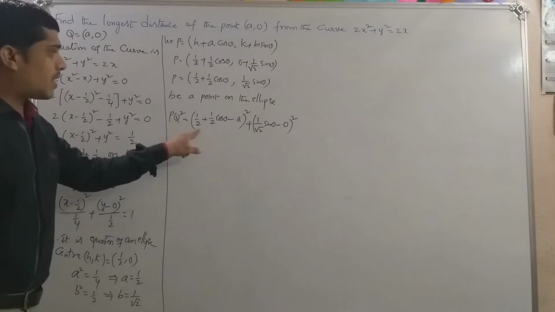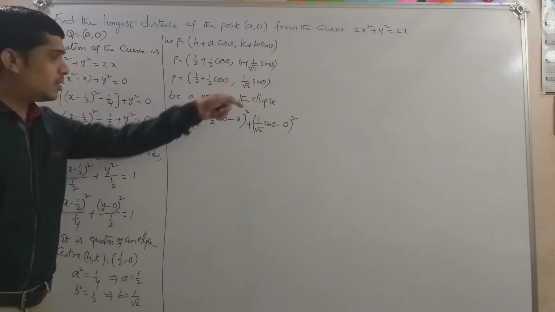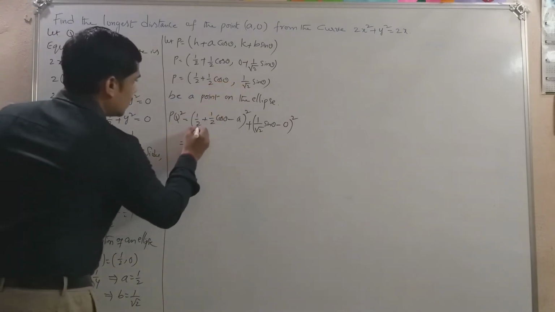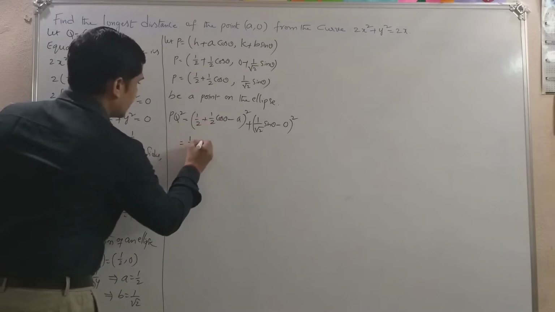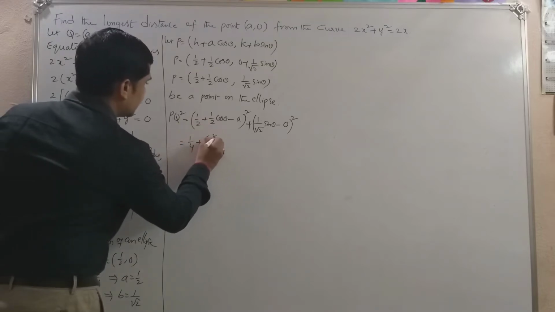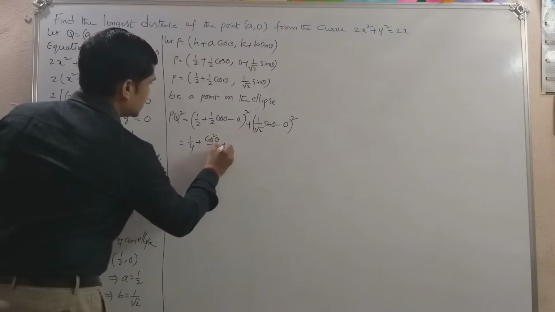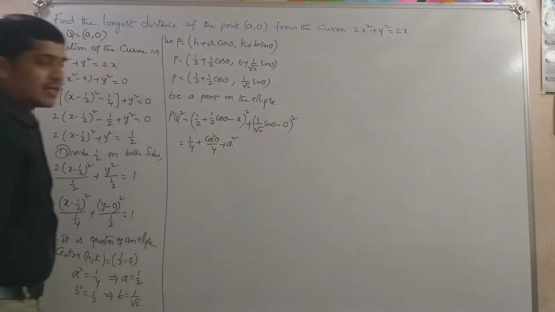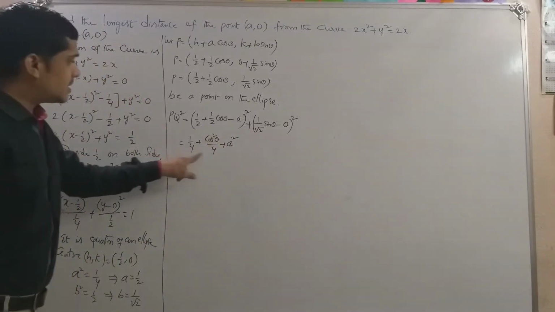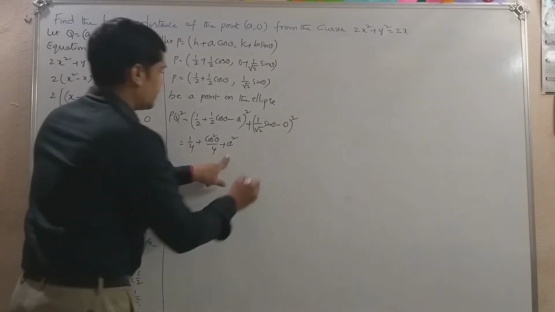Now it is in the form of (a + b + c)², so let me expand this. a² means 1/4, plus b² means cos²θ/4, plus c² means (−a)², it becomes a². So a² + b² + c² + 2ab + 2bc + 2ca.